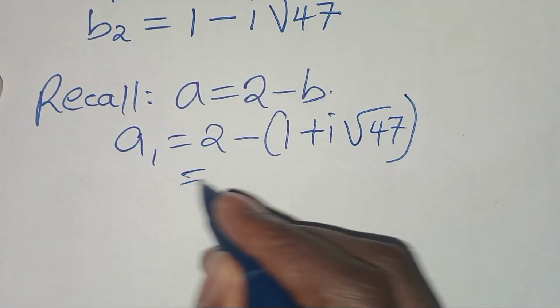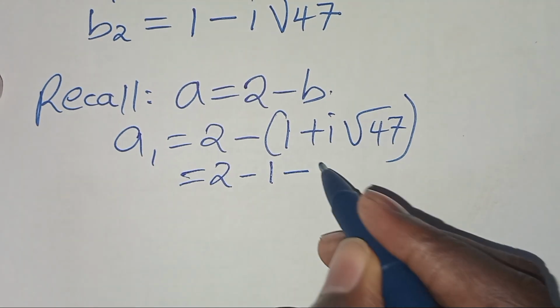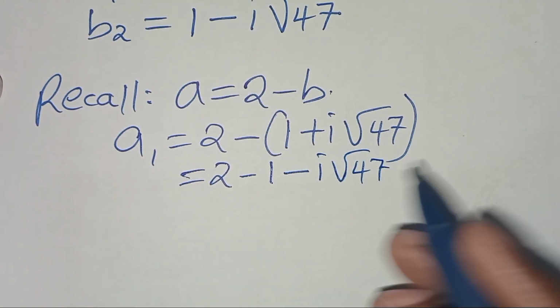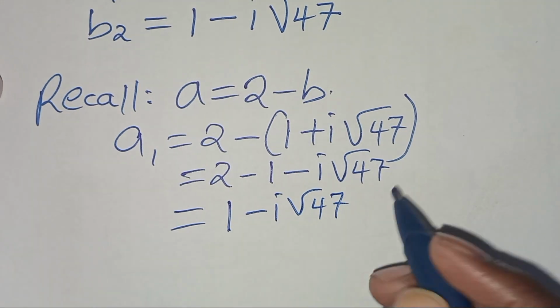So this is the same thing as 2 subtract 1, okay, subtract I square root of 47. So this is 1 subtract I square root of 47.